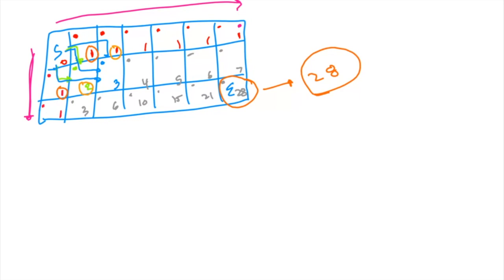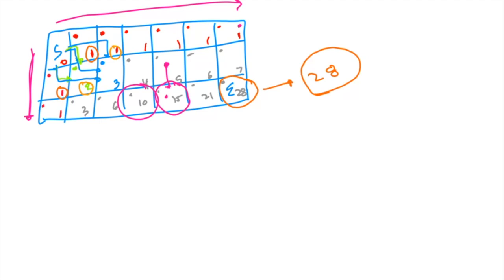And why this works is because suppose we're at this square, and we want to figure out the number of ways to get to the square to the right of it. If we calculate the number of ways to get from here to here, we notice that we can just go down once to reach our square. So if there are 5 ways to get to the square above it, then there should be 5 ways to get to this square as well.